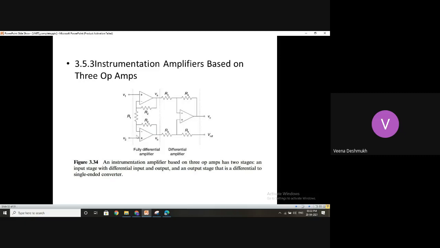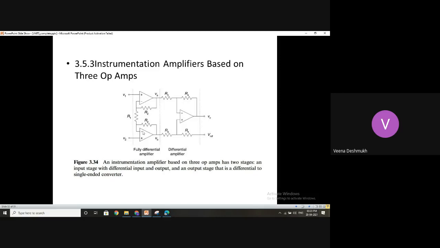Through this input resistor, some part of the input V2 gets connected to the first op amp as well. See here V2 is connected, and by the principle of virtual ground, whatever V2 is applied is available at the inverting terminal of the second op amp as well.